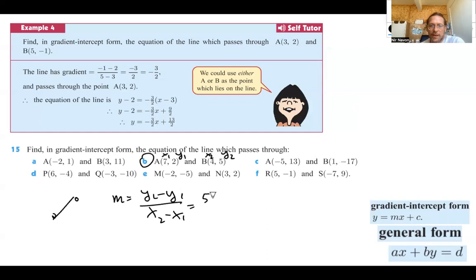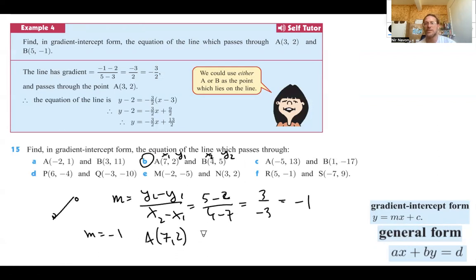That would be (5 - 2) over (4 - 7), that is 3 over -3, which equals -1. So now I have a gradient and a point. Either one would be good, and we just saw how to find the equation of a line with a gradient and a point. You can continue and check your final solutions.